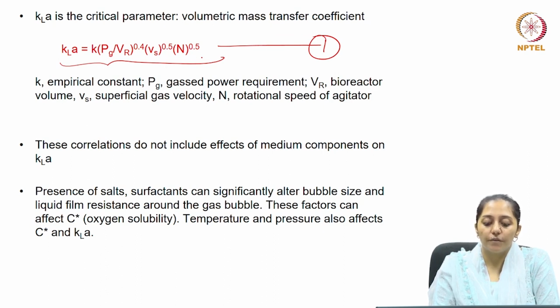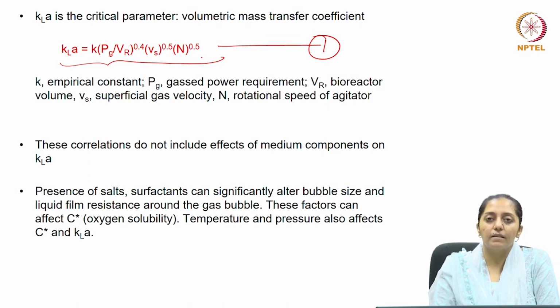However, the presence of salts and surfactants can also significantly alter the bubble size due to their effect on surface tension, which forms the liquid film resistance around the gas bubble, and thereby change the bubble size, which changes the surface area for mass transfer. The thickness of the film changes, and then it is also impacting the mass transfer coefficient.